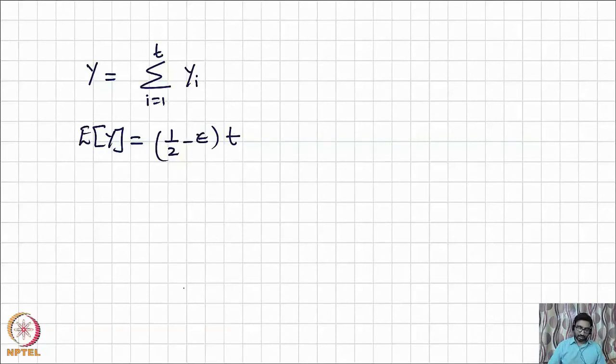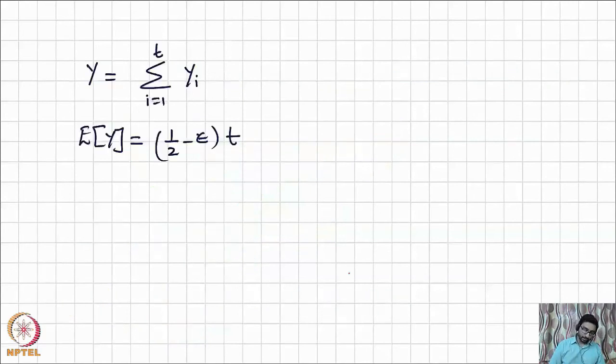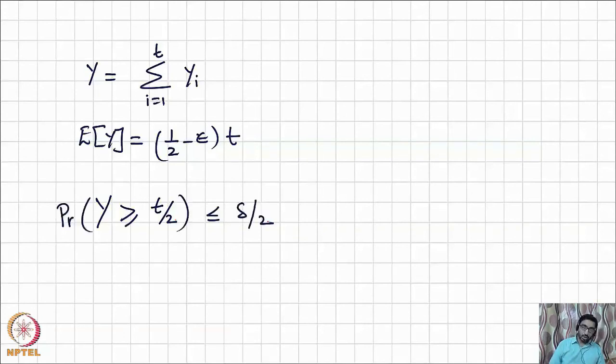Our bad event, the event that t by 2 or more items in the sample are coming from this red range in the left, can be captured in the following way. That's simply the event y is greater than or equal to t by 2. And of course, we want the probability of this event to be small. In particular, we want this probability to be no more than delta by 2.